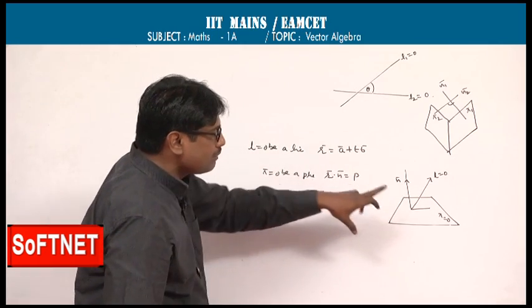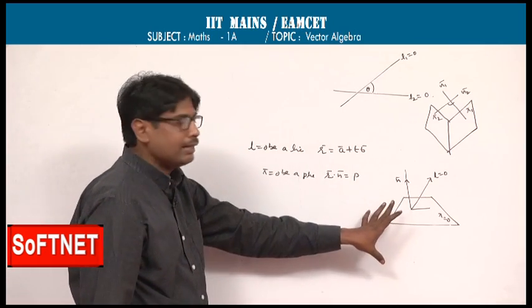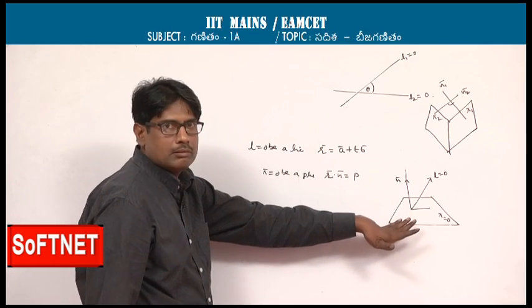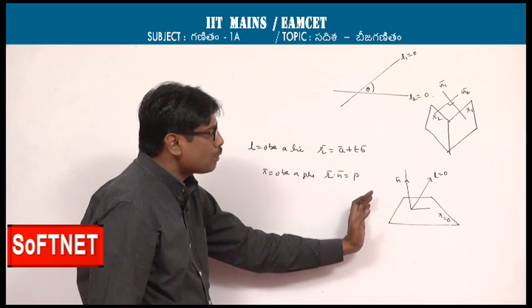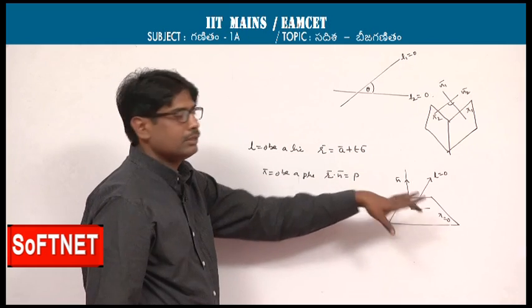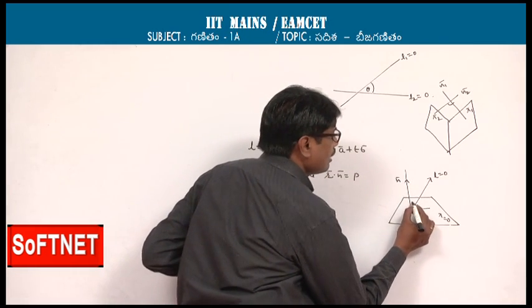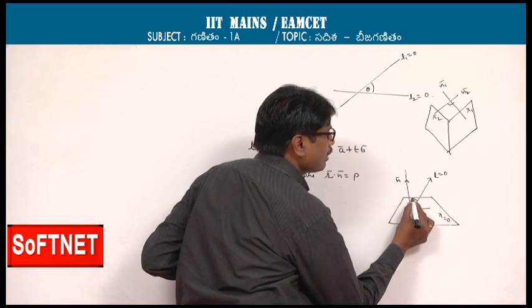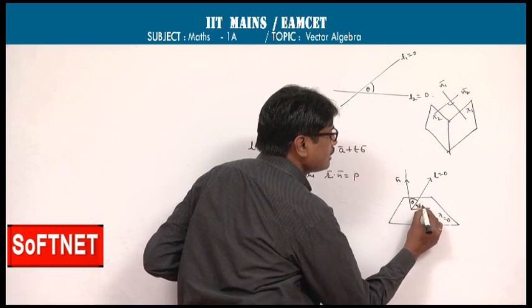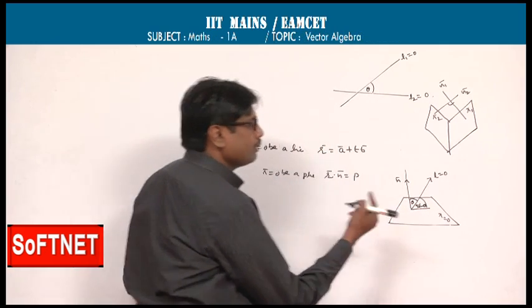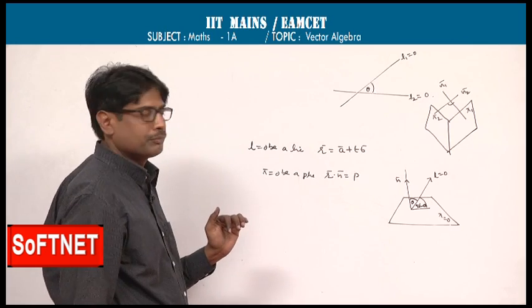The angle between a line and a plane is nothing but the complementary angle between the normal of the plane and the line. If theta is the angle between the normal and the line, then 90 minus theta will be the angle between the line and the plane.